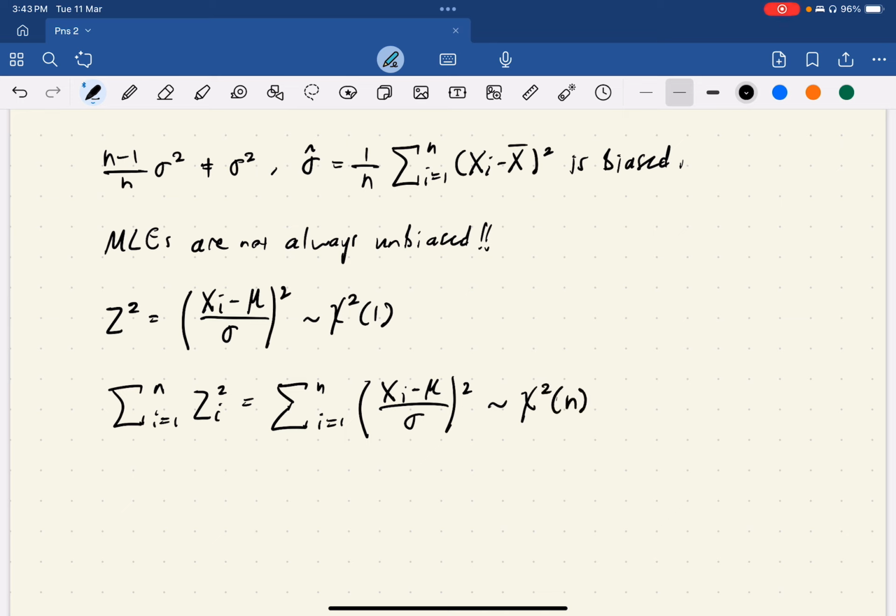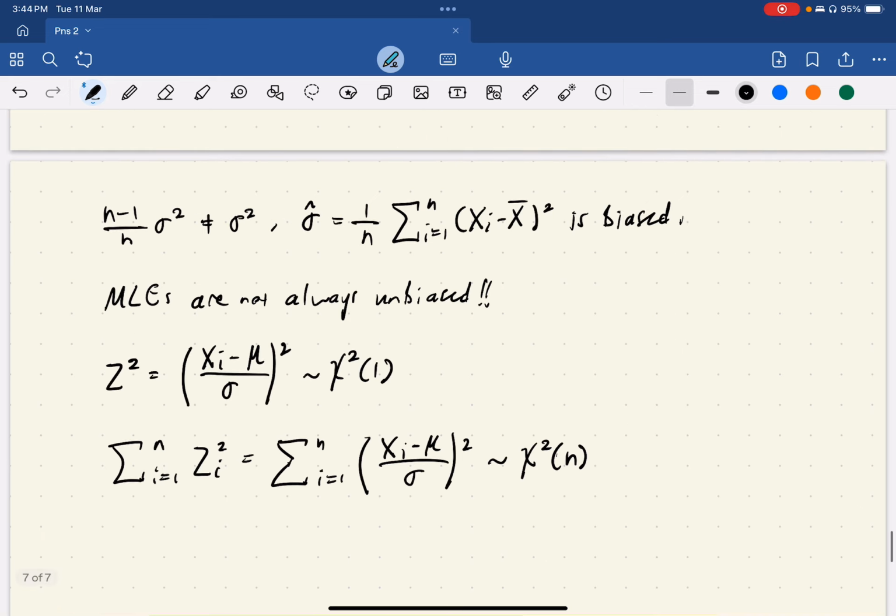Okay, why degree of freedom n? Because you have n values that are allowed to vary.